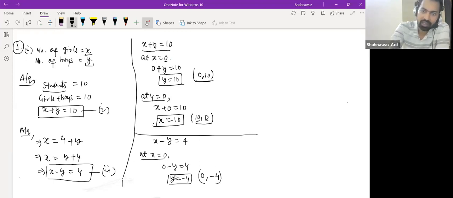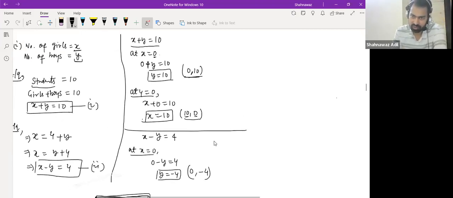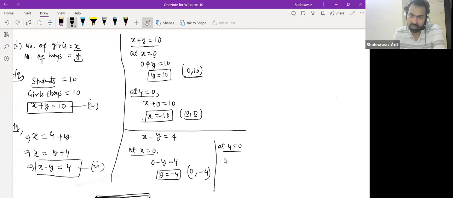And what is the other point? At Y equals 0, X minus 0 is 4, so X is 4. So the point would be 4, comma 0.